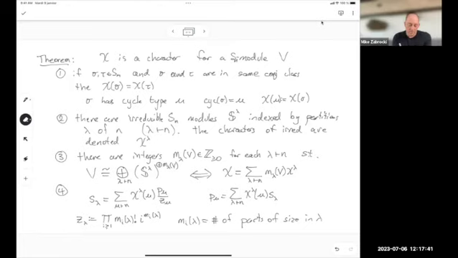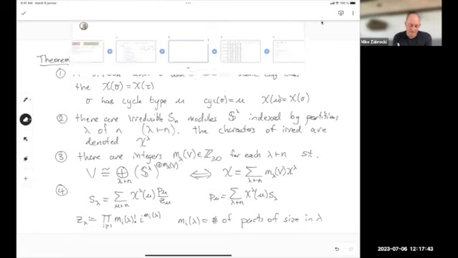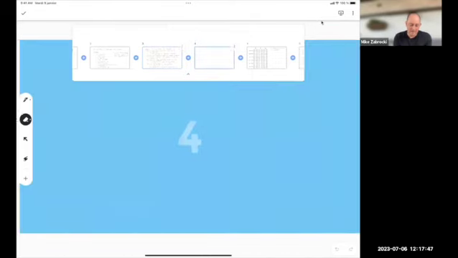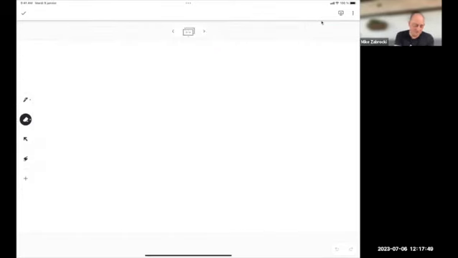And then the main takeaway that we need, the fifth point: modules are isomorphic if and only if their characters are equal.